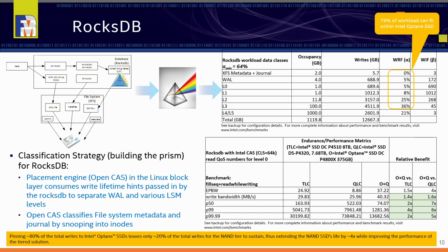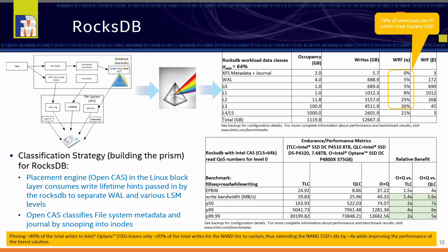To do that, we use the mechanism from Linux kernel called write lifetime hint. This mechanism allows application to pass a hint to a storage stack about the meaning of the data. And the higher levels are marked with different hints and lower levels with another one.